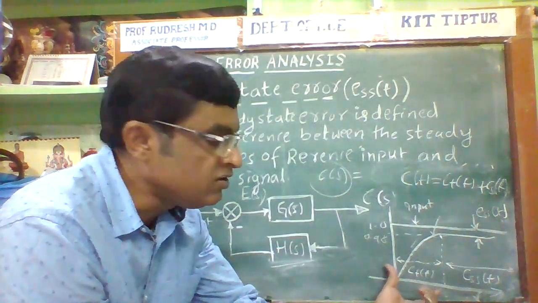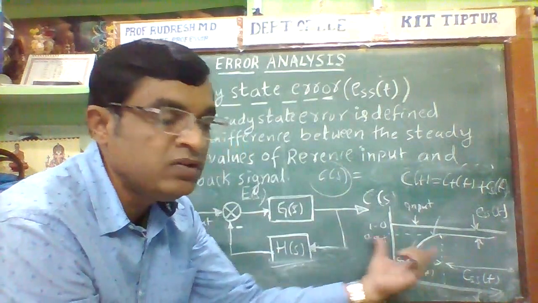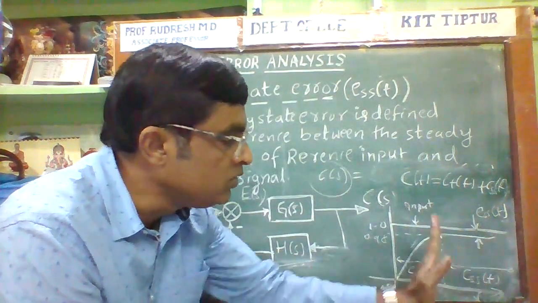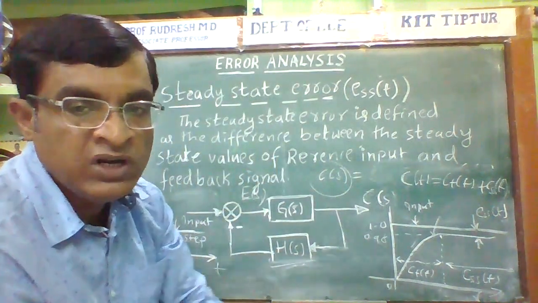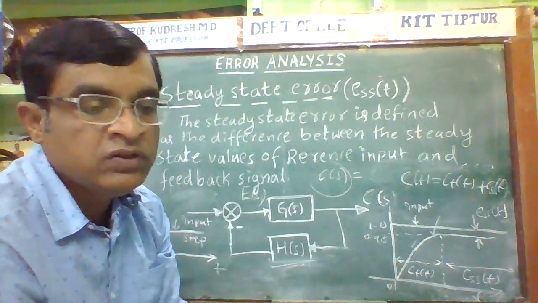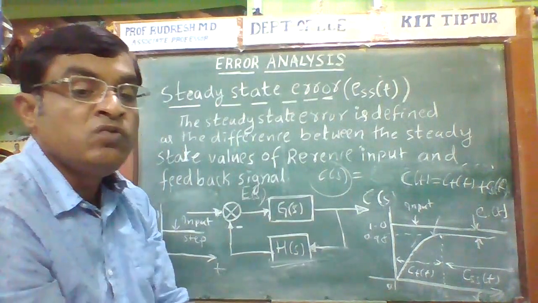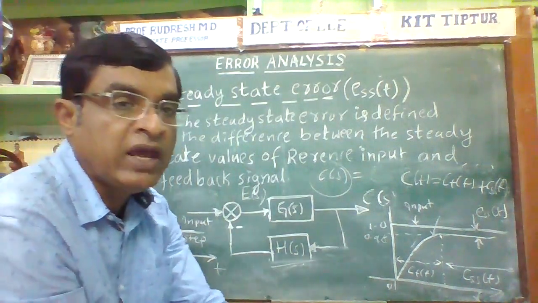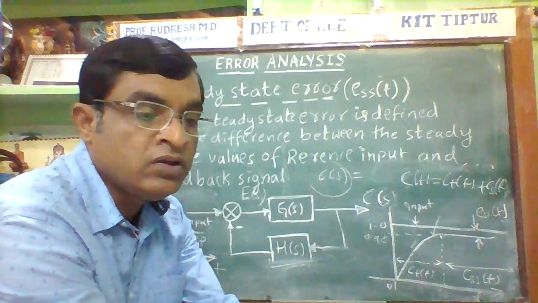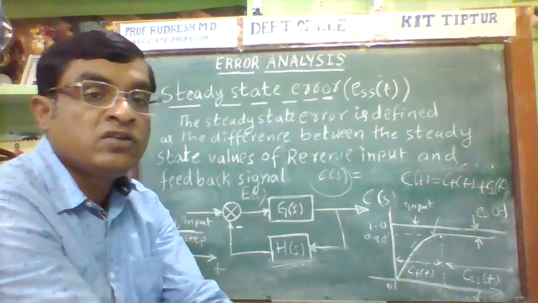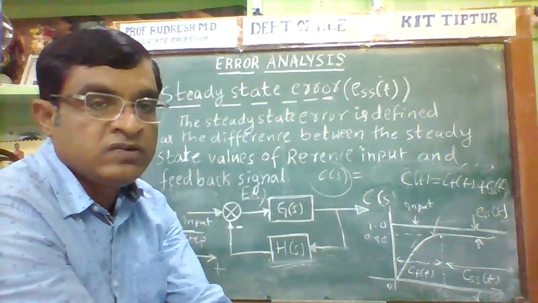After the transient response vanishes, the steady state response is the only response. So the steady state response is the part of the time response which remains after the transient response completely vanishes from the system output.